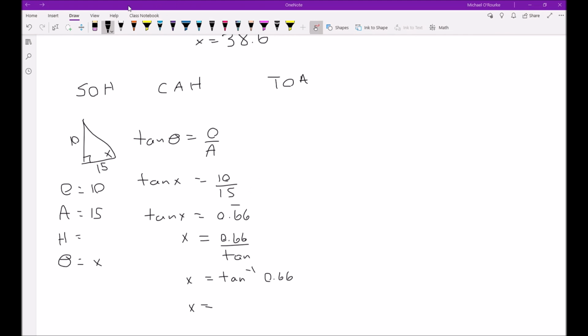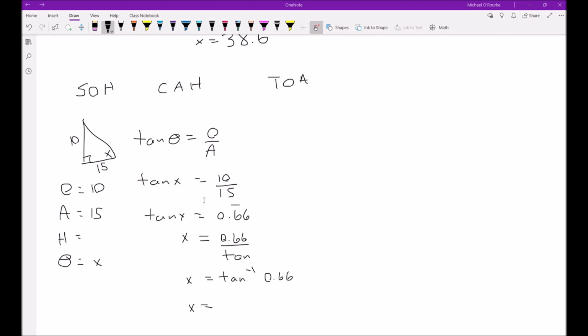Now, for people such as Lucas with this calculator, he could do it either way. He could go tan divided by 15 equals, then from here, go second function to the negative 1, and then press enter and it will come out.